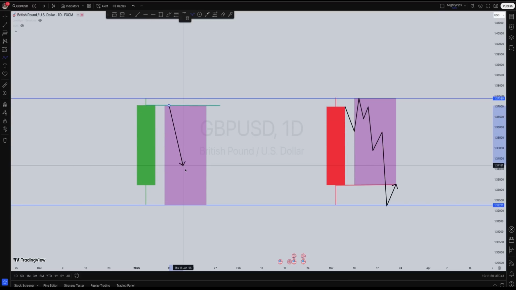Sometimes the market will go down deep like this and create a wick and then go back up, but you don't have to wait for it to go down so deep. You just wait for candlestick confirmations around the purple zone for you to get entries, like a bullish engulfing, a double bottom, inverse head and shoulders, whatever, for you to get in.